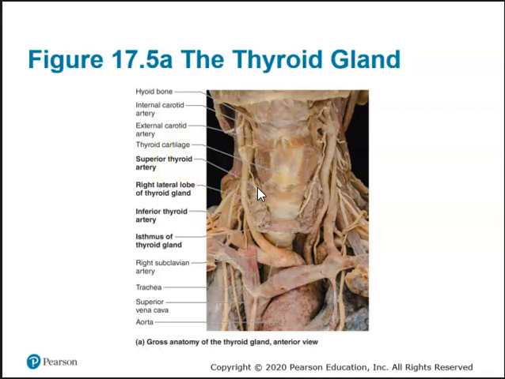Lateral is the inferior thyroid artery. And then again, we have that isthmus, that band of tissue that is directly superior to the trachea, and is the structure that kind of unites the two lobes of the gland.